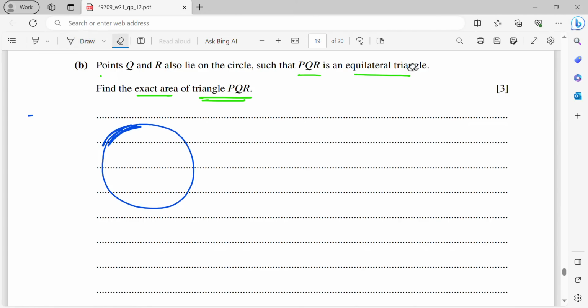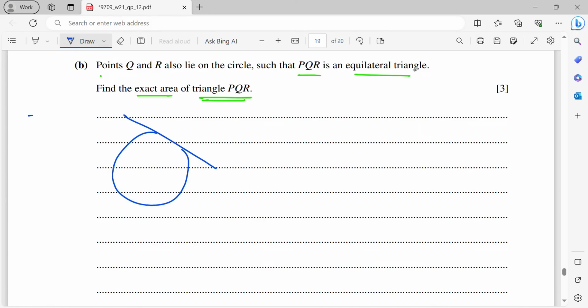Now this is a P. And this is a C. This is a P. So here is a Q. This is the R. Then now, obviously, this is square root 40.